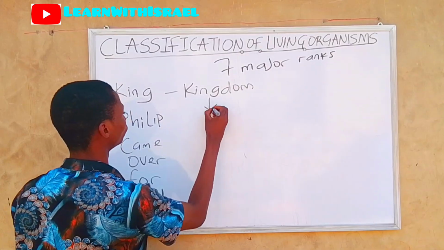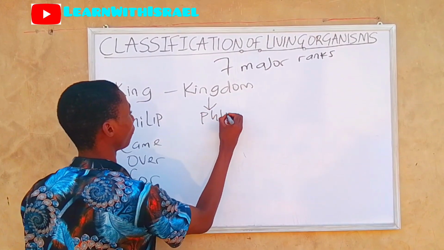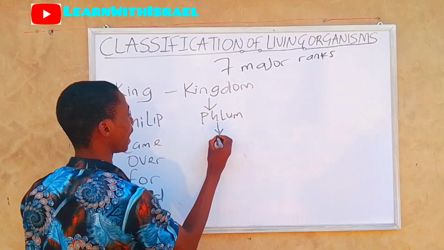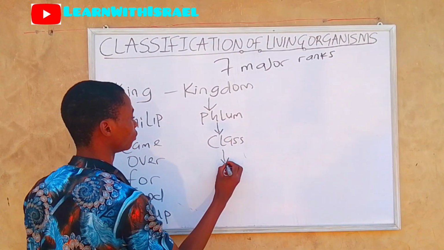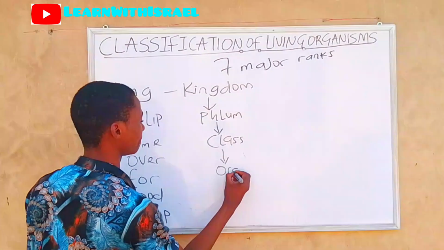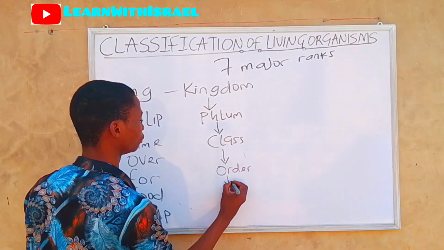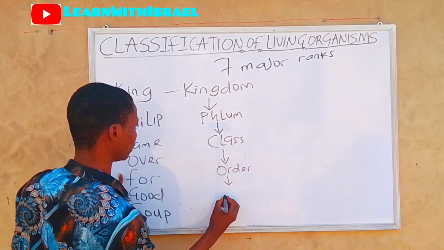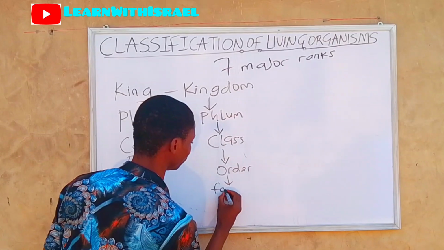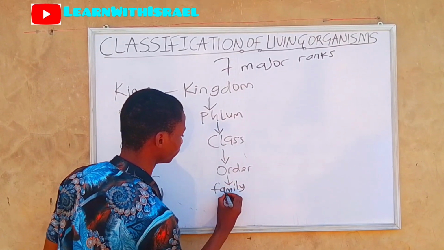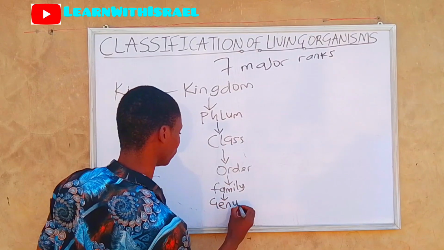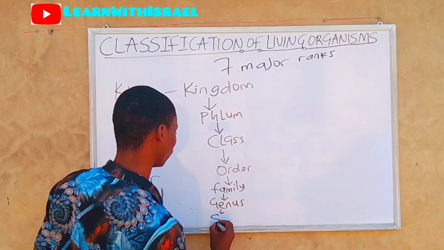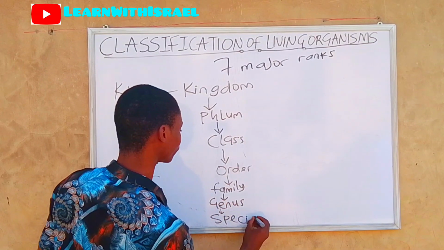Now we move to phylum, down to class, down to order, down to F, which stands for family, G stands for genus, and S stands for species.